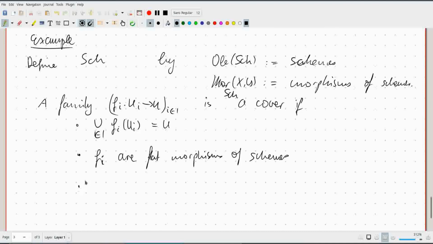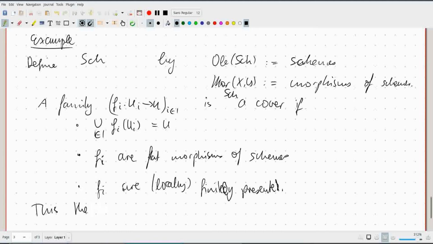And thirdly, that the f_i are locally finitely presented. This defines a site called the fppf site.